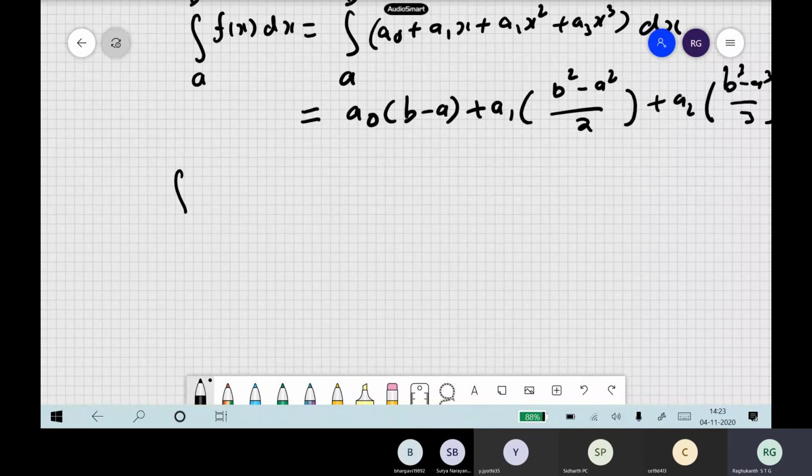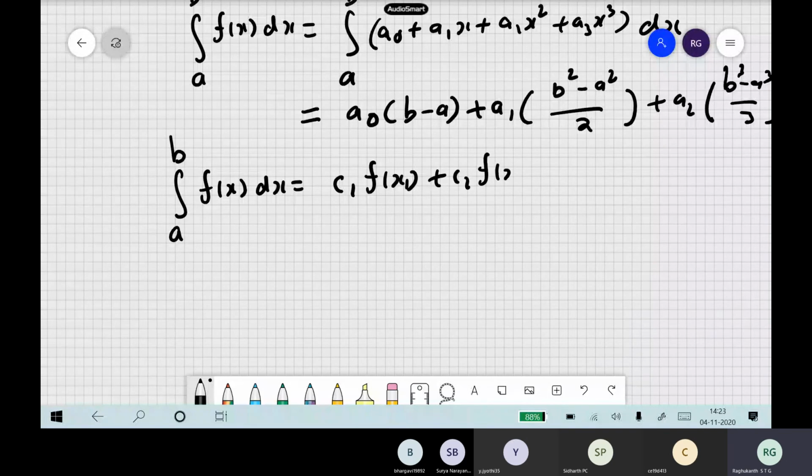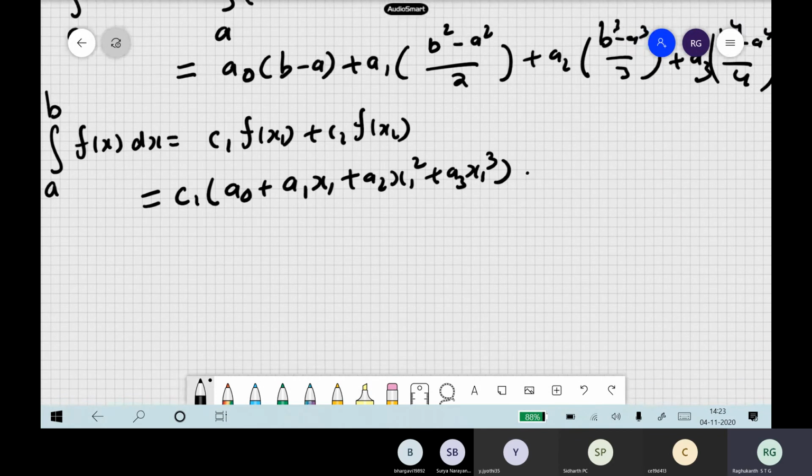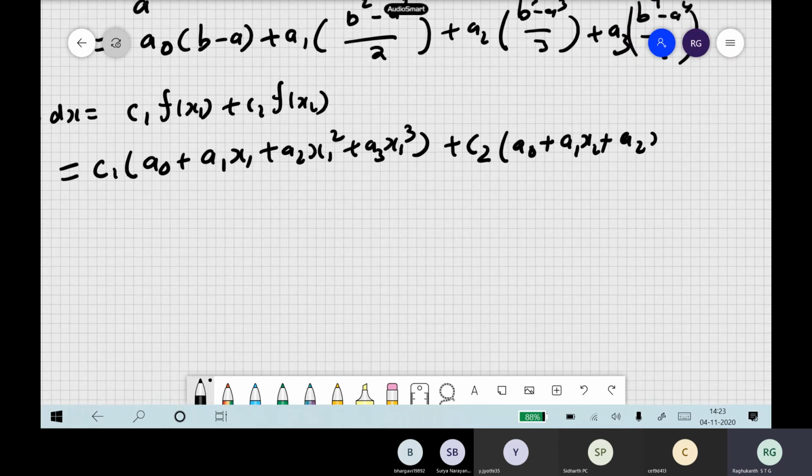Now our formula: the integral from a to b of f of x dx is c1 times f of x1 plus c2 times f of x2. So you can write this as c1 into a0 plus a1 x1 plus a2 x1 square plus a3 x1 cube, plus c2 into a0 plus a1 times x2 plus a2 times x2 square plus a3 times x2 cube.